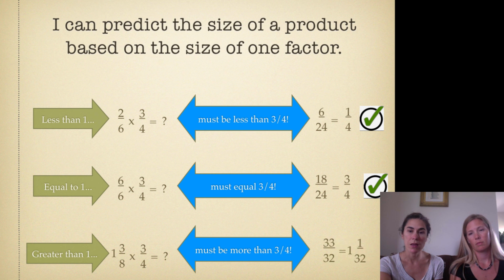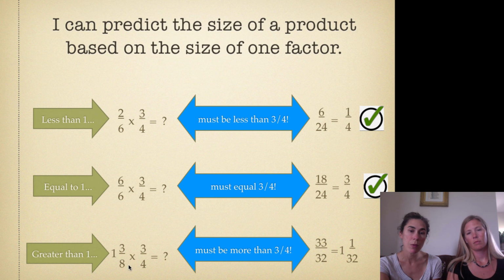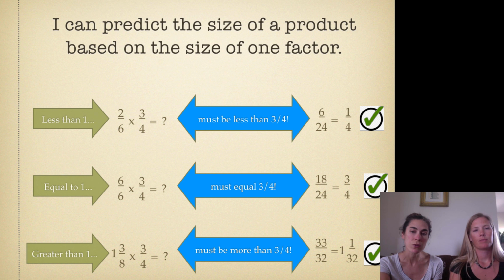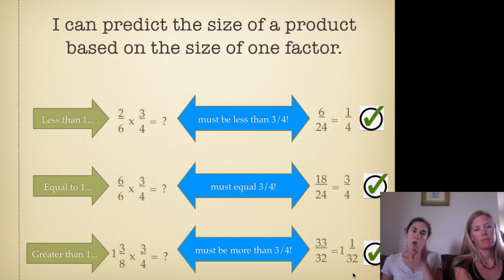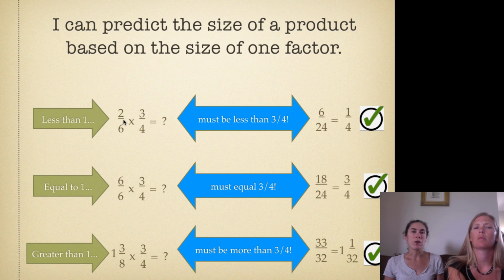If we take the time to actually do this problem, I converted 1 3/8 to 11/8, and that's going to be 33/32, and then converting into a mixed number, this number definitely is bigger than 3/4. Hopefully that gives you an idea of how to predict what your answers should be, or at least close to those answers.